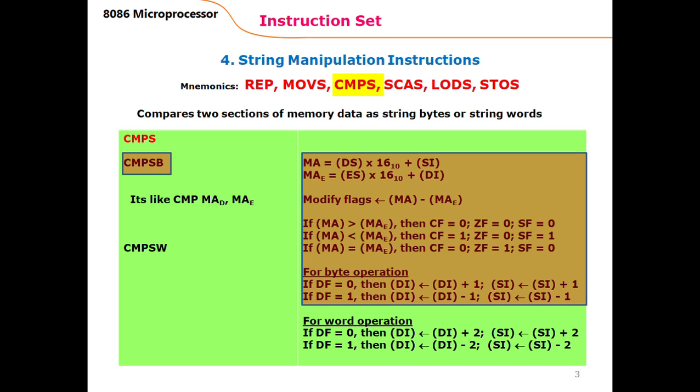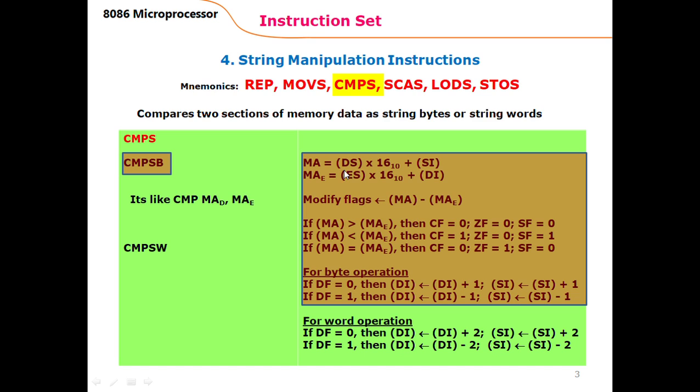And in this case, the source of data is in the data segment, and the offset address is provided by the source index register. So first, the physical address of the source operand is calculated, and let's call it MA, the physical address of the source byte.